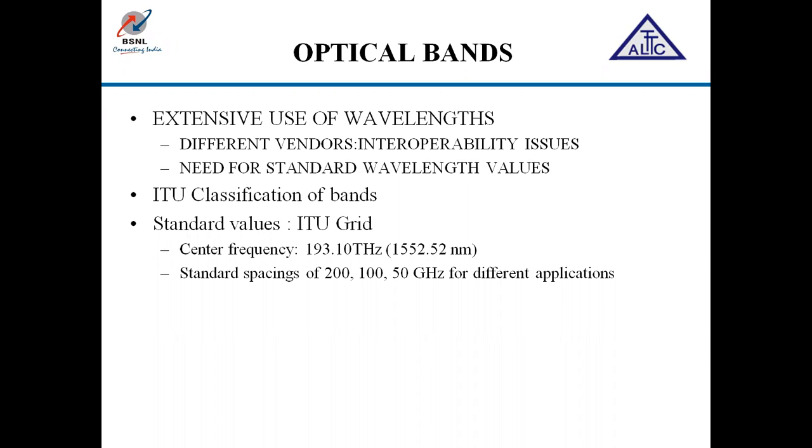If you use a DWDM system, there will be some classification on the basis of haul: long haul, very long haul, ultra long haul. On the basis of spacing: 200 gigahertz spacing system, 100 gigahertz spacing system, or whatever it is. And the third one is band. The system is designed for L band or C band, long band or conventional band.